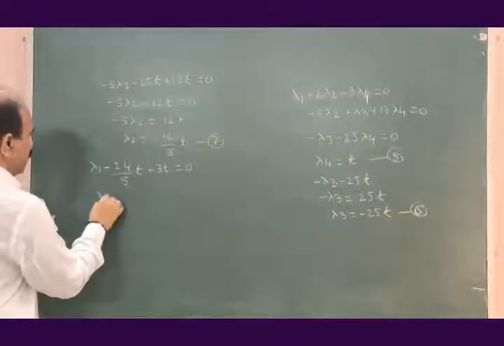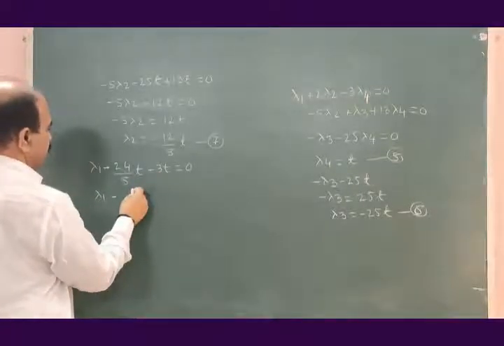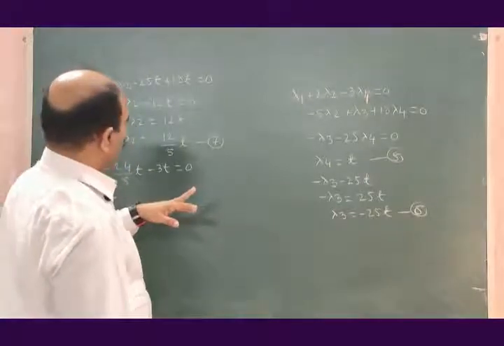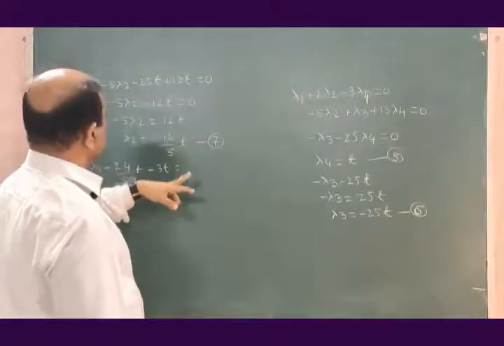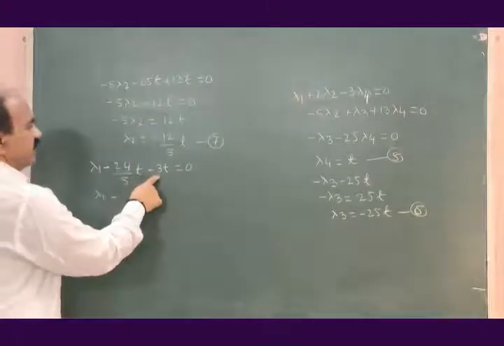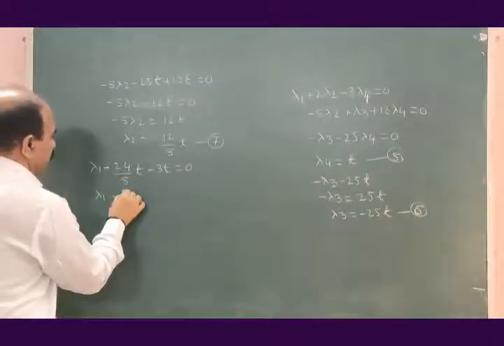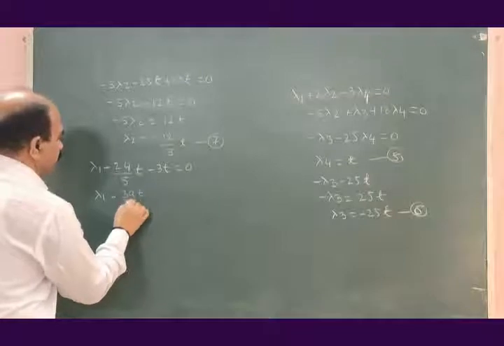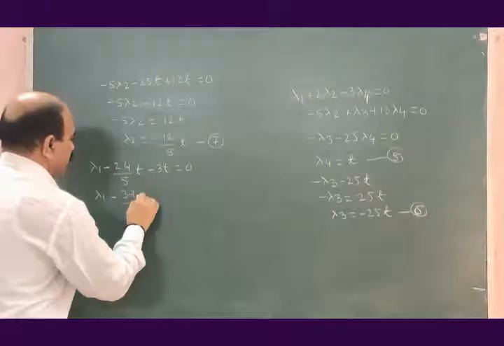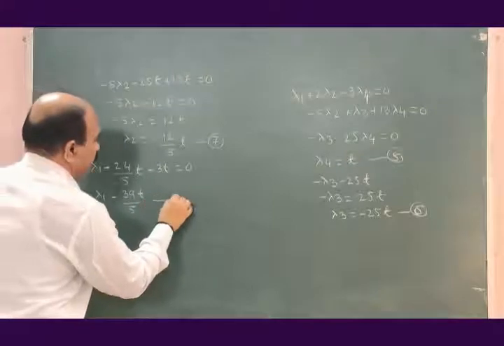This is for the lambda 1, minus 5 3s are 15. Lambda 2 is minus, lambda 4 is plus, 5 3s are 15, and so it will be 39t divided by 5. Equation number 8.